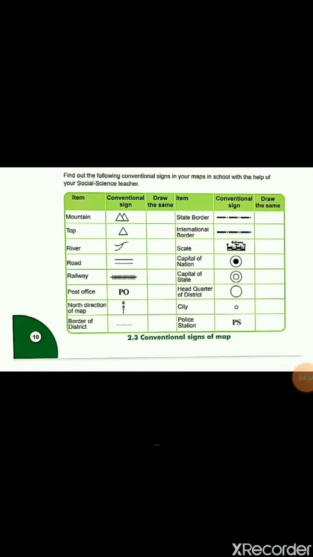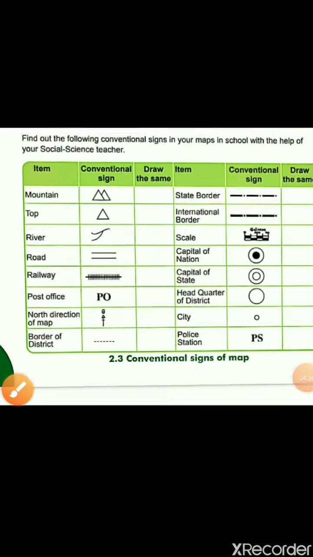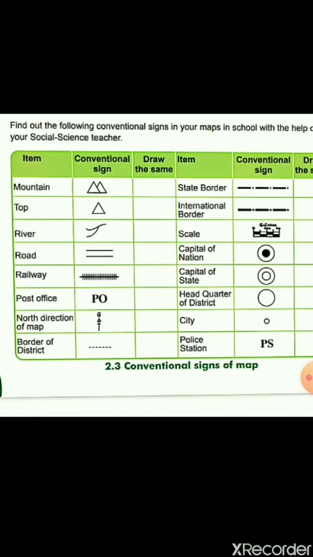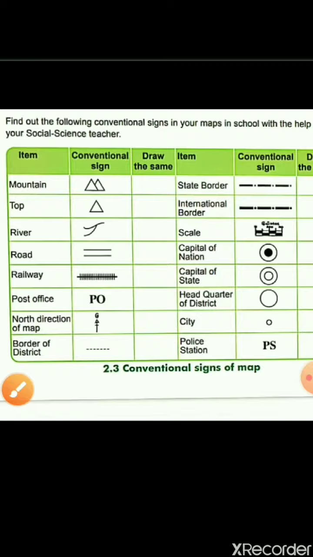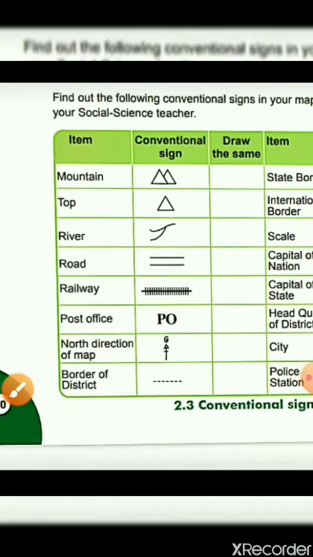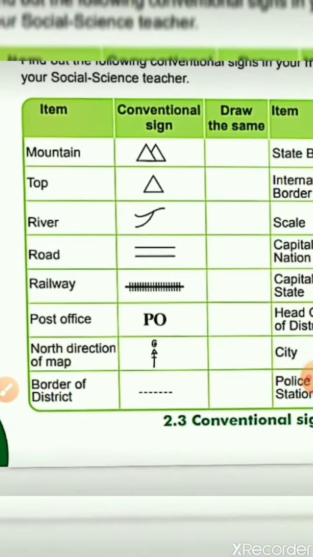Okay, then students, over here, find out the following conventional signs in your map in school with the help of the social science teacher. Now, as a social science teacher, I need to show you something, right? So see this over here.